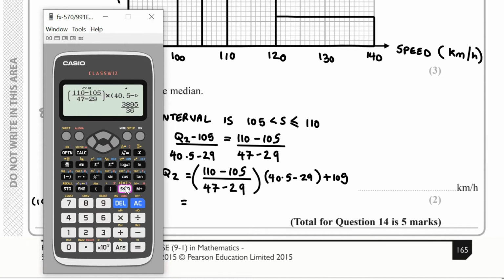So therefore I'm going to end up with 108.19, etc. kilometers per hour. So I've got 108.2 to 1 decimal place. Okay.